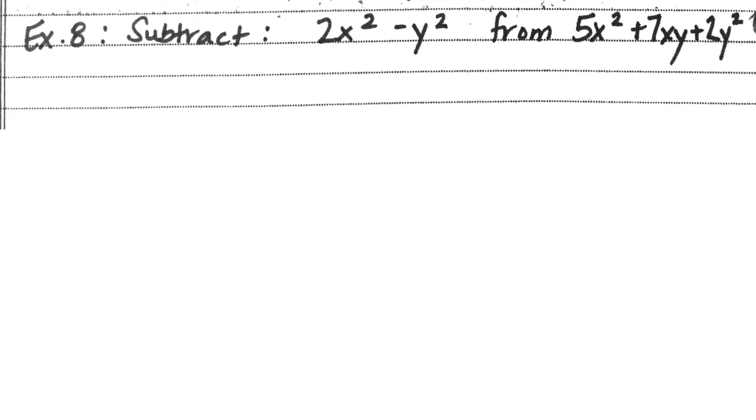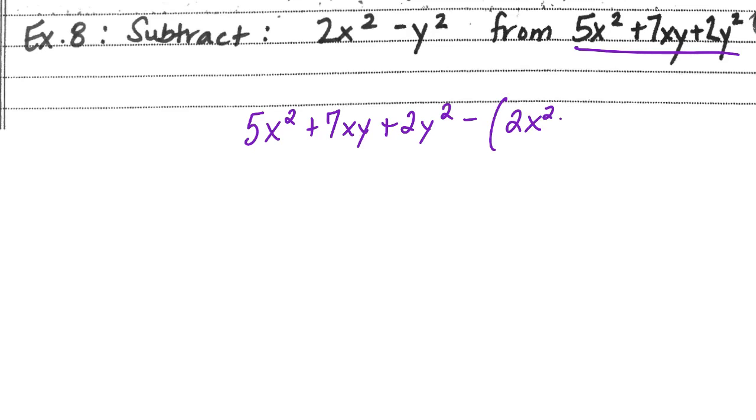All right, the last thing I'm going to go over, sometimes you guys get confused on how it's worded. So it says subtract 2x squared minus y squared from this trinomial, 5x squared plus 7xy plus 2y squared. So remember, I'm taking the trinomial and I'm subtracting all of this binomial.